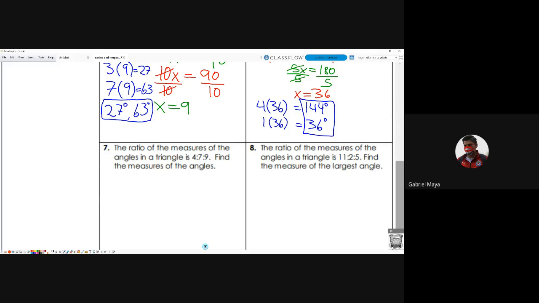So Aragon, you're going to do number 8. And Hannah, you're doing number 7. So look at the ones I modeled for you, and then you can do the other ones. It's pretty much the same thing.